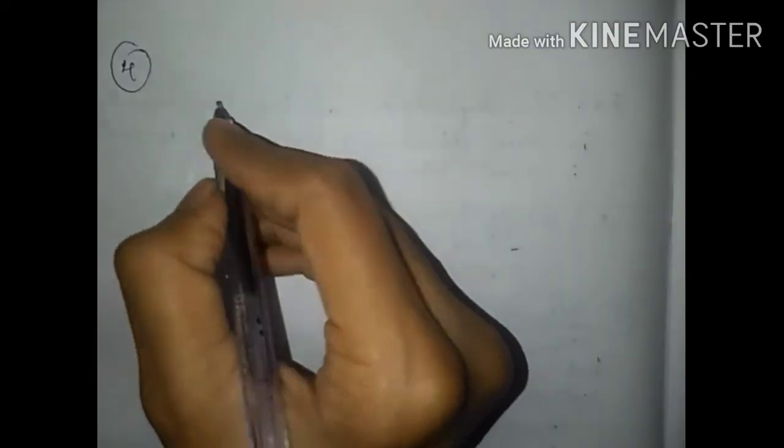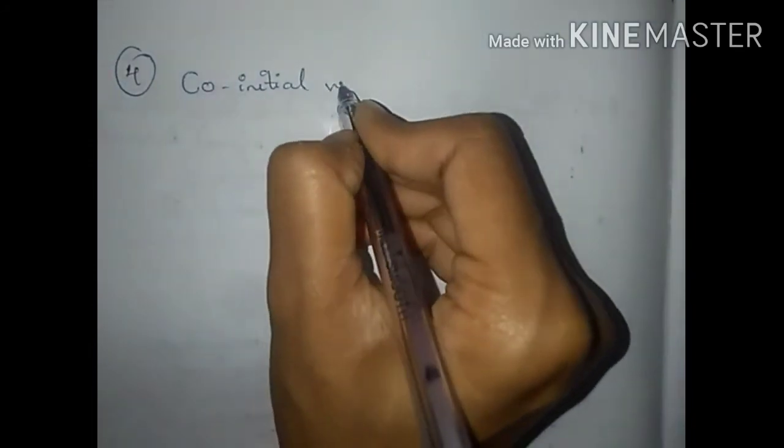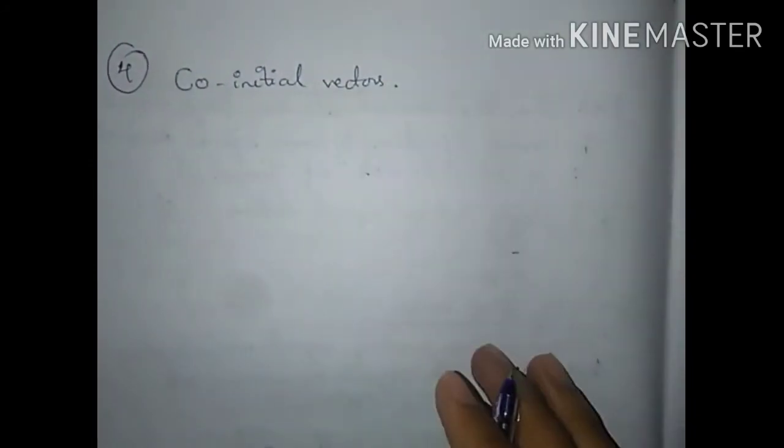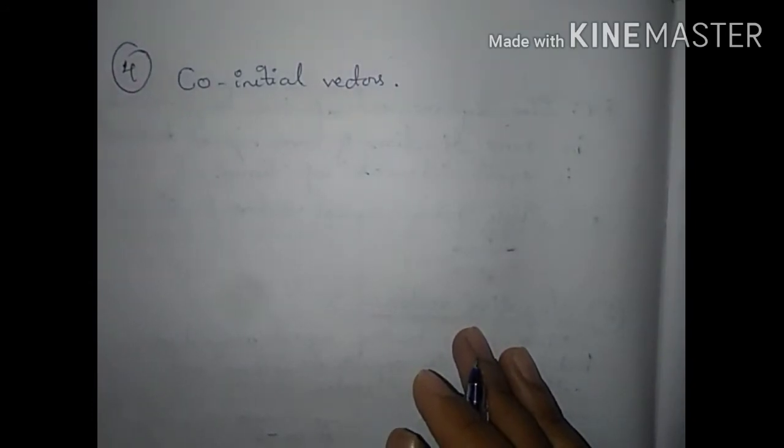Now let us understand the fourth important definition, coinitial vectors. The vectors having a common initial point are known as coinitial vectors.